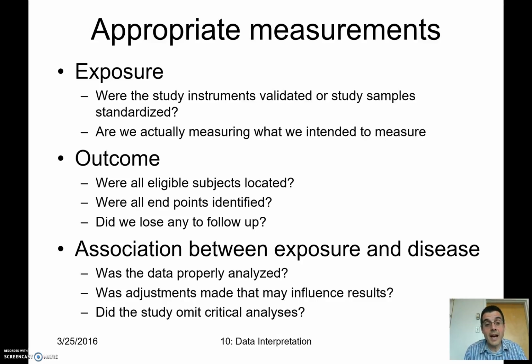And that leads me to outcomes, as in, did we actually identify all the eligible subjects and locate them, and were they included within our study? And were all the endpoints actually identified, or did we lose any to follow up?